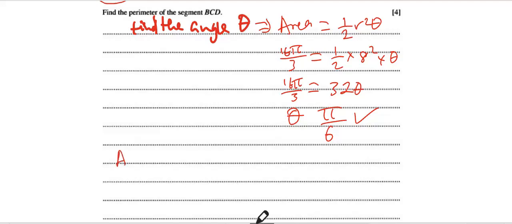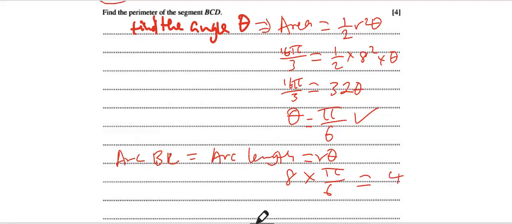The arc length, that is arc BC, is nothing but r theta, where r is 8 multiplied by theta, which we got as pi over 6. What is 8 multiplied by pi over 6? You simply get 4 pi over 3.